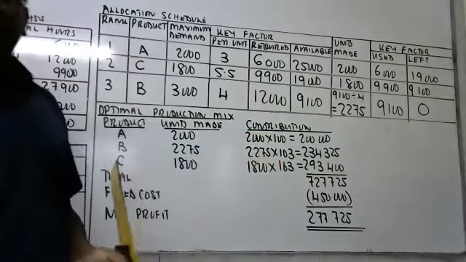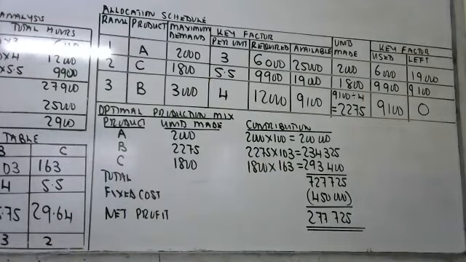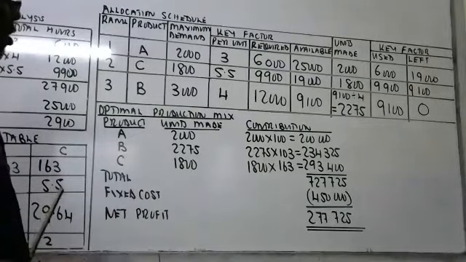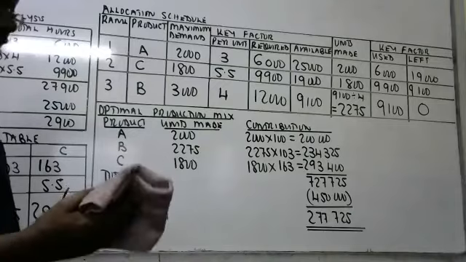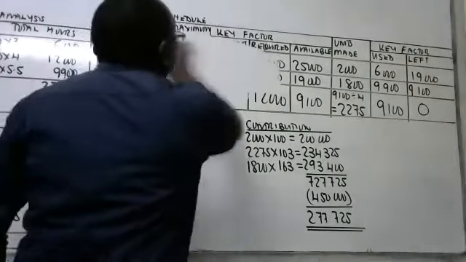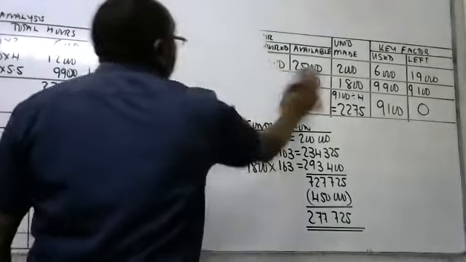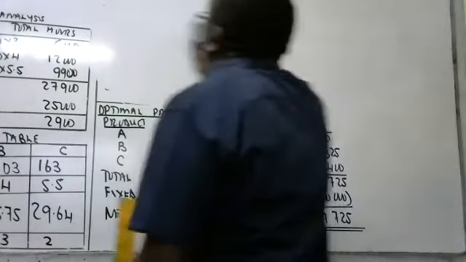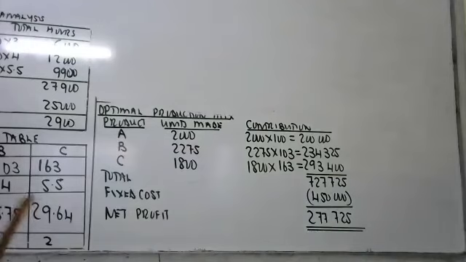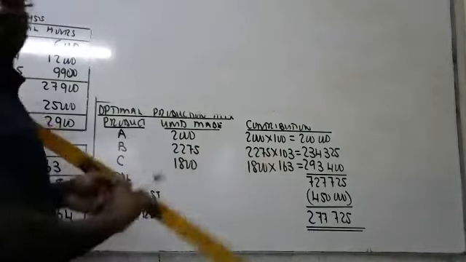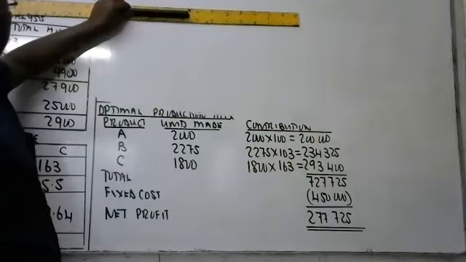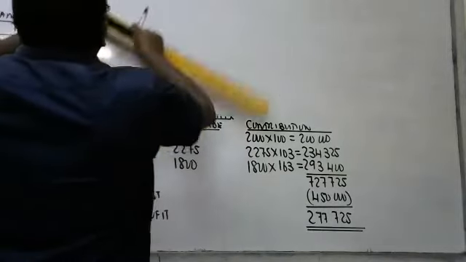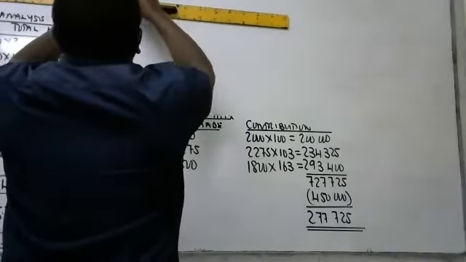So if we increase the salary by 4 shillings, we are going to have all the hours that are required so that we make the units that we require.